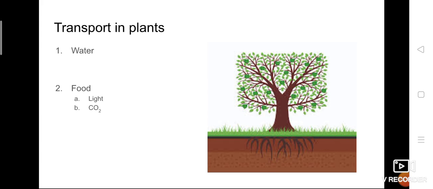So these two, water and food, are the two main substances which need to be transported in plants.